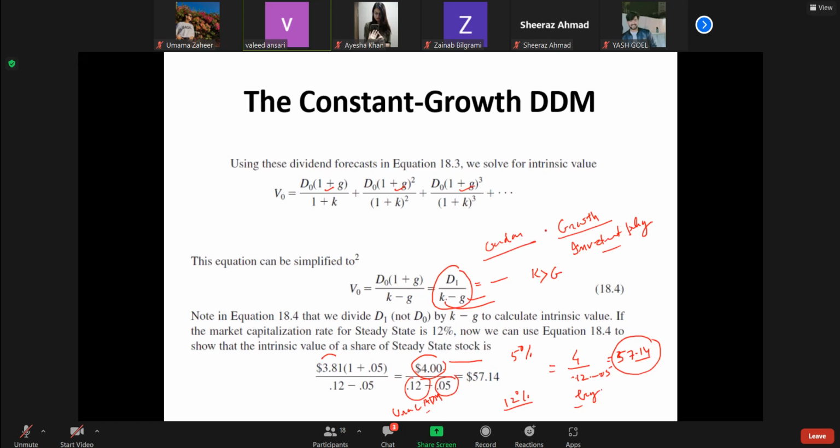And when I talk about company financial statement analysis, this is also calculated by ROE, that is return on equity. That is nothing but the retention rate, or how much dividend the company retains, multiplied by the return it gets on this investment.